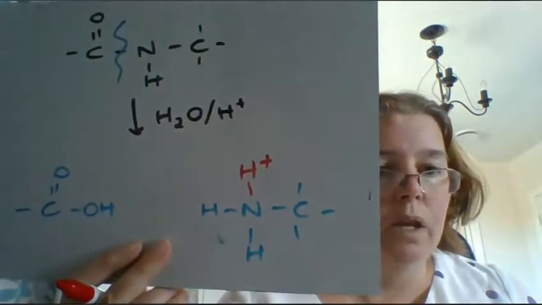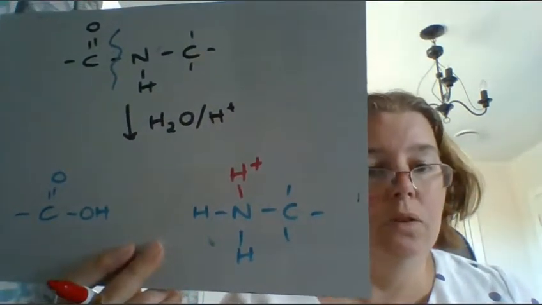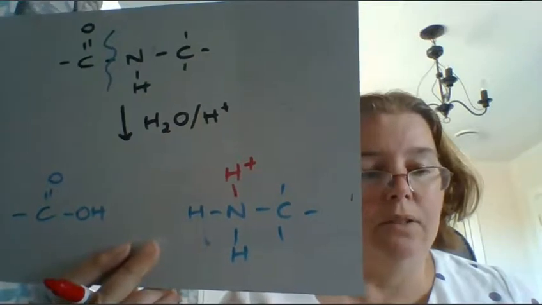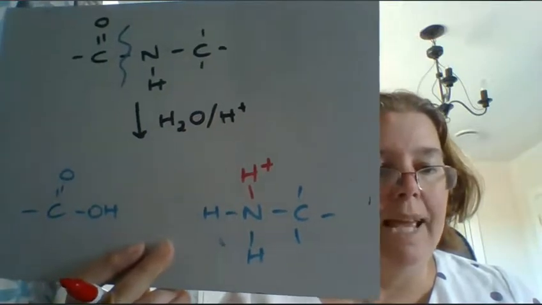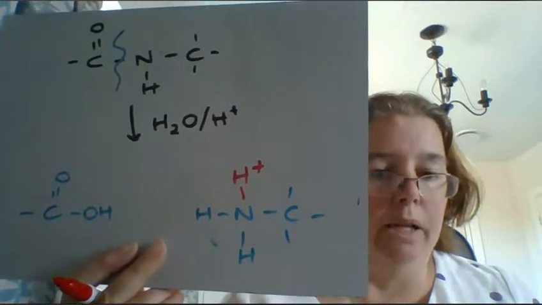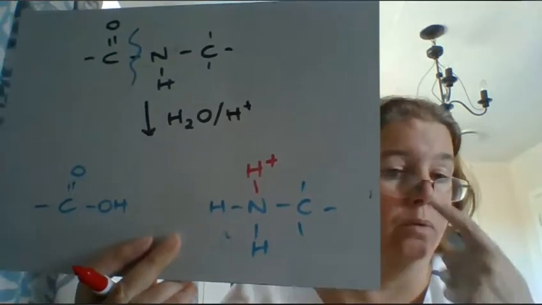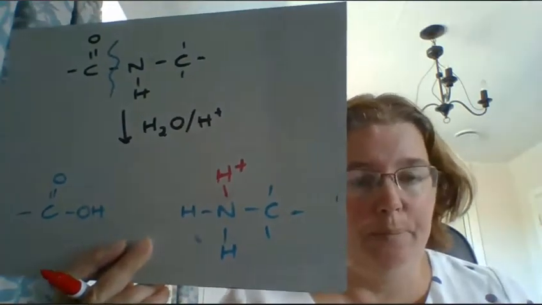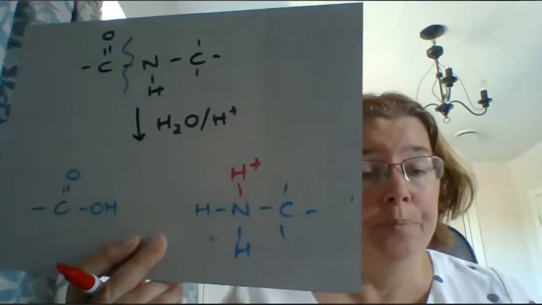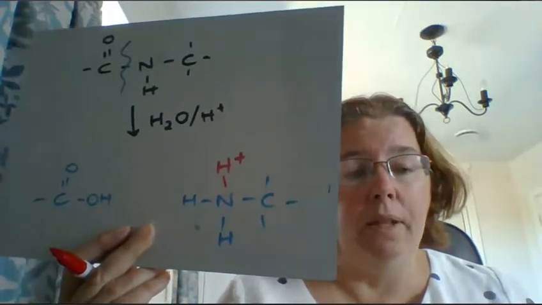So in acidic conditions, you get a carboxylic acid and you get an alkyl ammonium ion, or just ammonium if you've got a primary amide, but normally they give you a secondary amide. So that's in acidic conditions.